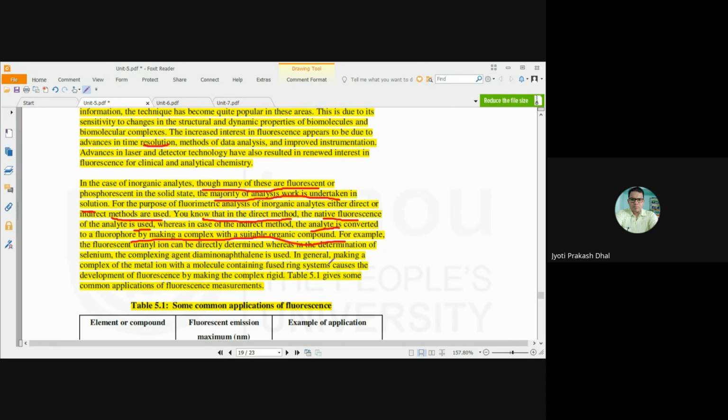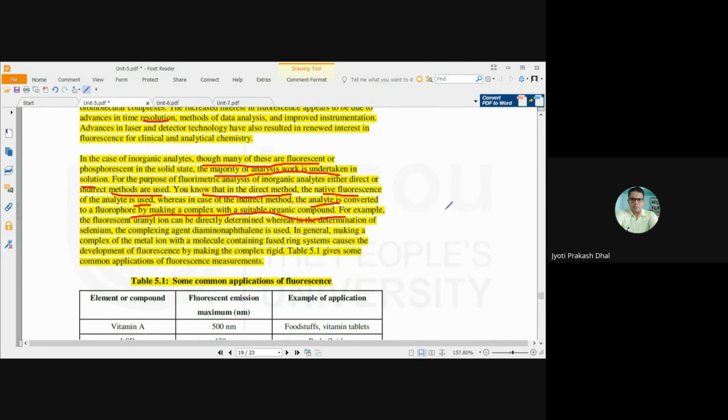So if the molecule is initially a fluorophore, then it can be measured by direct analysis. And if the molecule is not a fluorophore, then you have to form a complex with a suitable organic compound so that the molecule becomes a fluorophore, and after that you measure the fluorescence spectra.